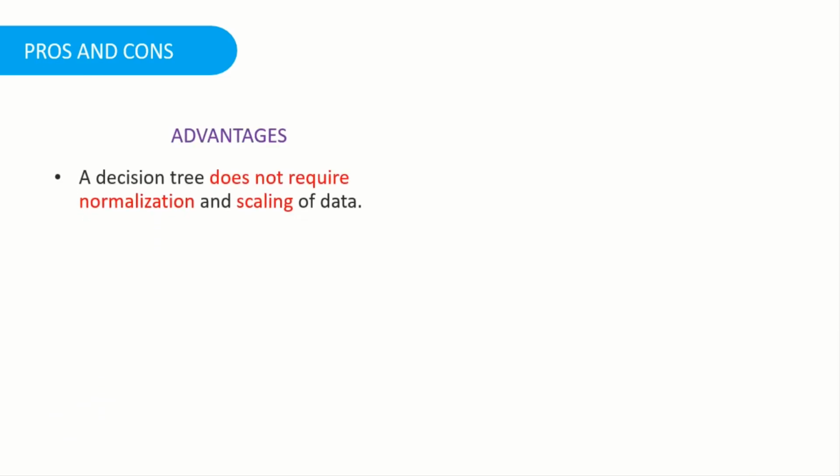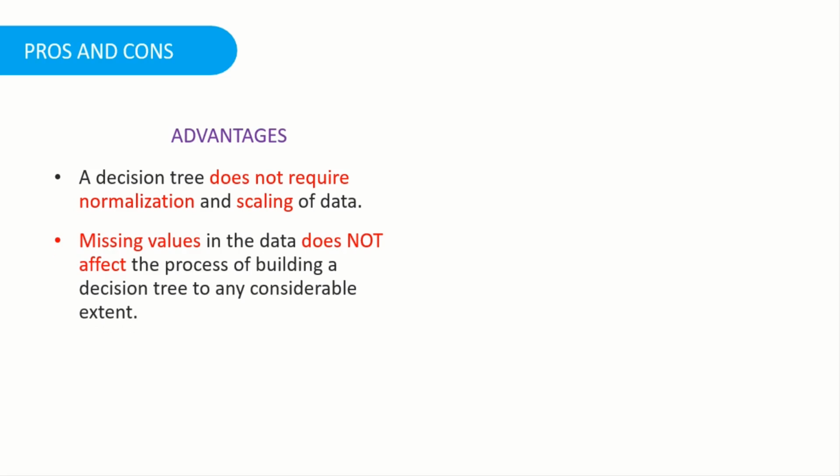So let us now quickly look at the pros and cons of the decision tree classifier. When it comes to its advantages, it does not require normalization and scaling of data. To add on, missing values in the data do not affect the process of building a decision tree to any considerable extent.